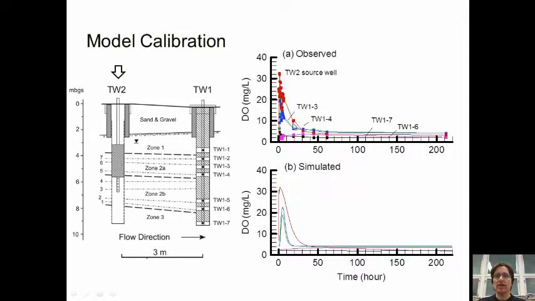So this is just a visual comparison, and we reproduce the peak concentrations of about 30 milligrams per liter soon following injection, and we get rapid decay of these concentrations due to the short injection time of the test, but also due to diffusion into the matrix. This test case in the field was the oxygen was only injected for about 2 hours. So there's the injection time here and then decay.